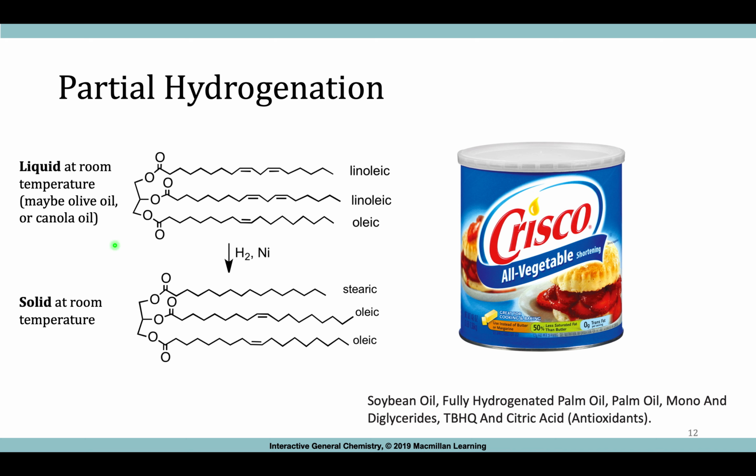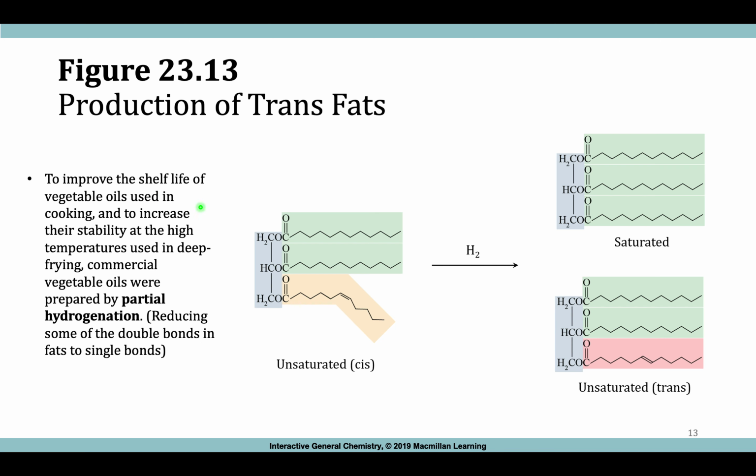But what happens if you do partially hydrogenate? This is not a great thing, because the idea of partially hydrogenating was to improve the shelf life of vegetable oils and basically make new cooking products. So when you take something unsaturated and hydrogenate it to a saturated compound, sure, but what can happen is this can interconvert between cis and trans in the process.